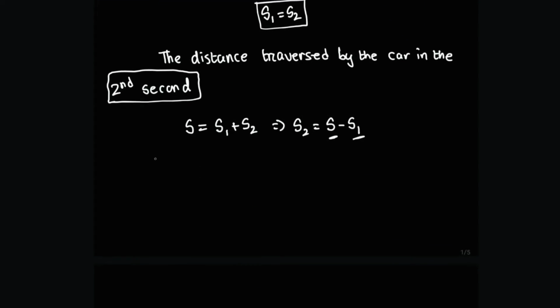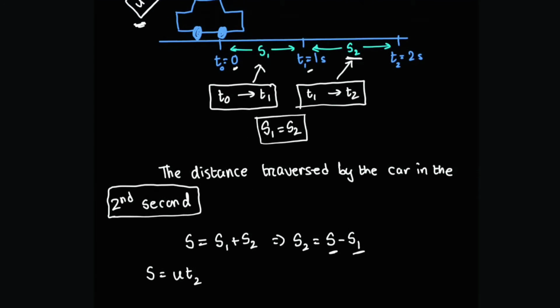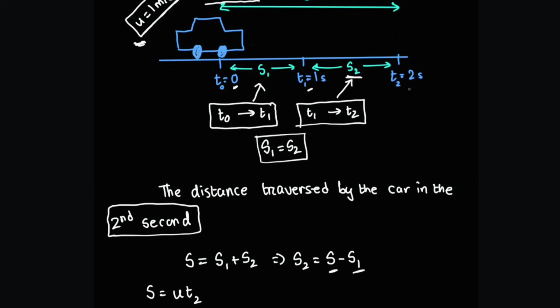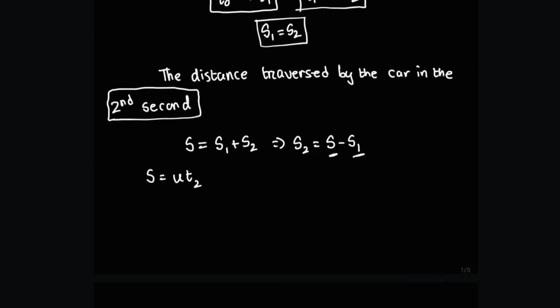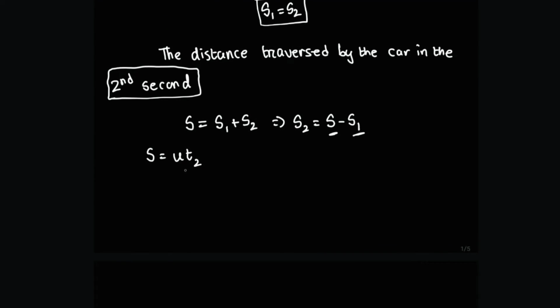So we can say that s is equal to u times t2, because we are calculating, of course, the distance traversed by the car in 2 seconds. So s is equal to u t2 plus half times a times t2 squared.